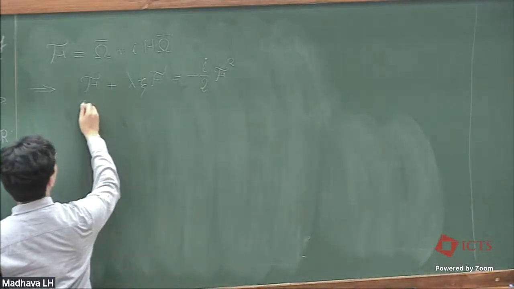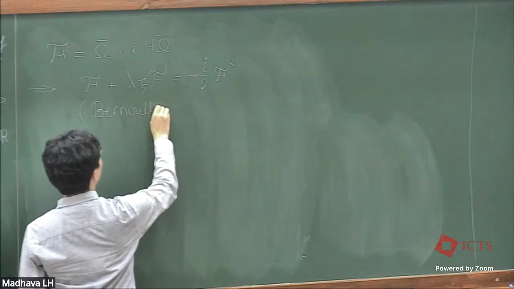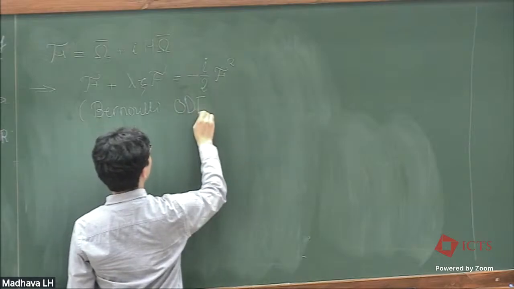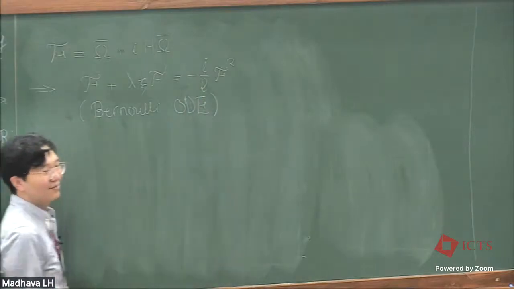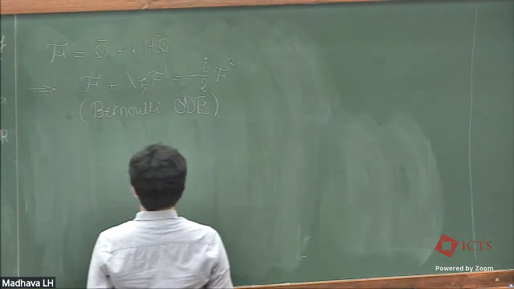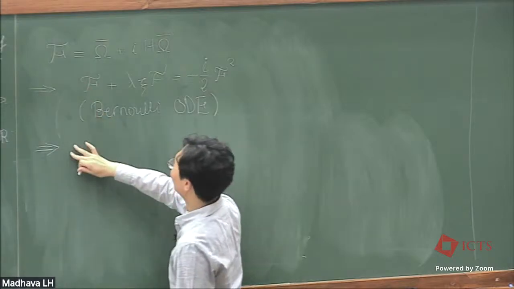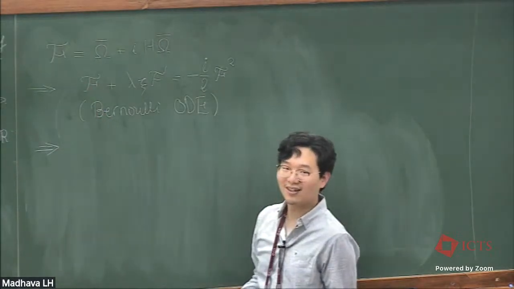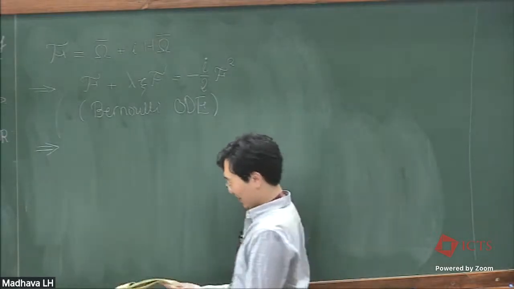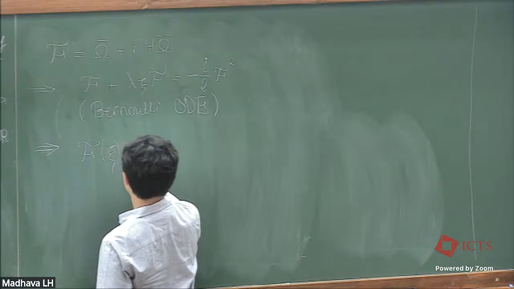And then this is called a Bernoulli ODE. And it was well known, somehow the solution was well known. What's the solution? From this line to this, there's a lot of computations skipped. And it's not so easy. For instance, I cannot do it.